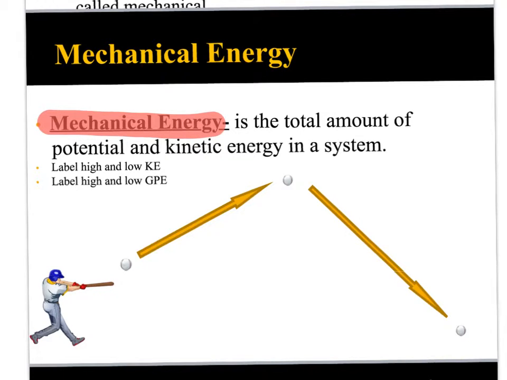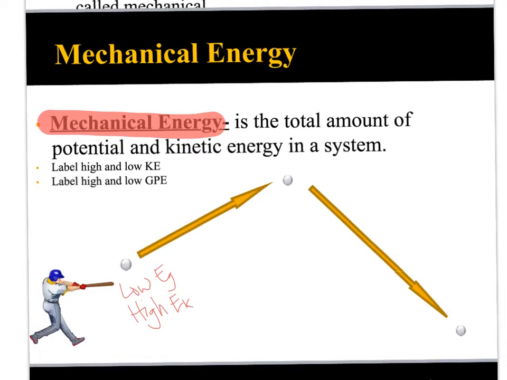So down here we have low gravitational potential energy, EG is how I'm going to abbreviate that, energy due to gravity, and we have high kinetic energy because the ball just got hit off the bat. Probably a Cubs guy hitting a home run, Addison Russell, no big deal.